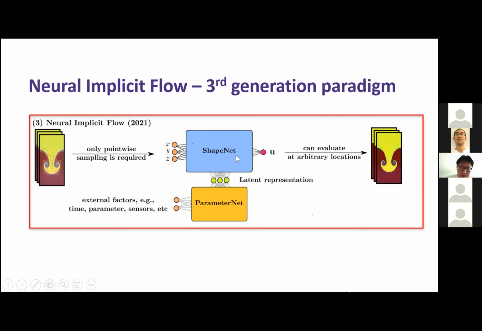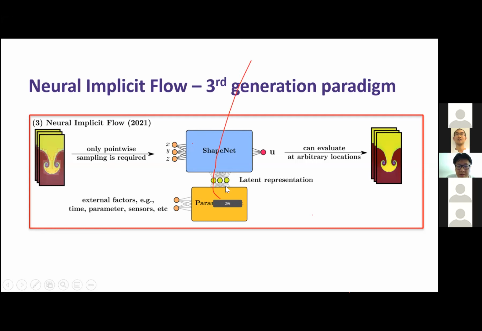And then these 10 units will be mapped with a linear layer to all the weights and biases of the shape net. So for example, the shape net inside is just a simple feedforward neural network, and the parameter net is also a simple feedforward neural network. So it is the simplest case. For example, if the shape net has a structure like 3, 10, 10, 10, 1, you probably end up with about 6,000 parameters.